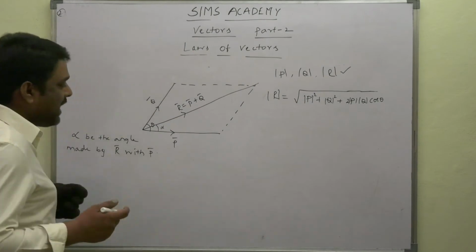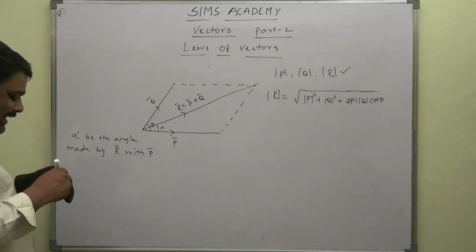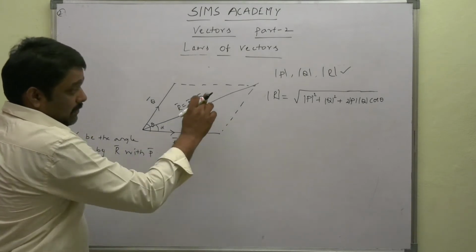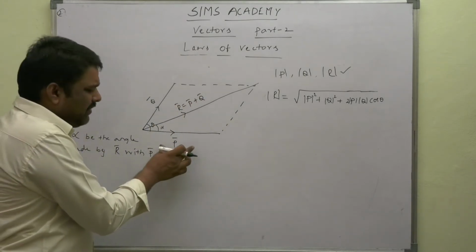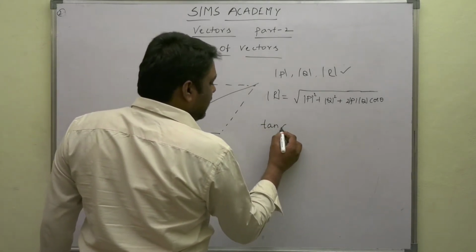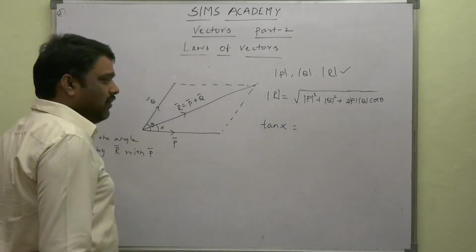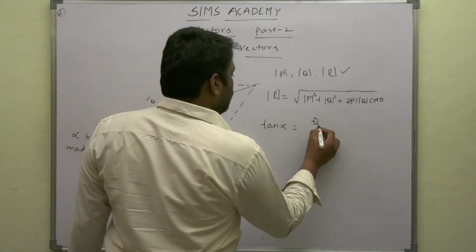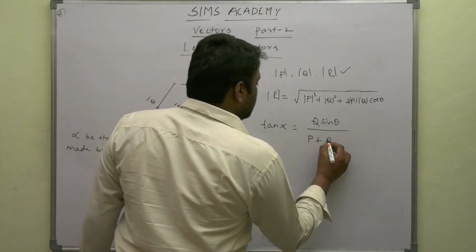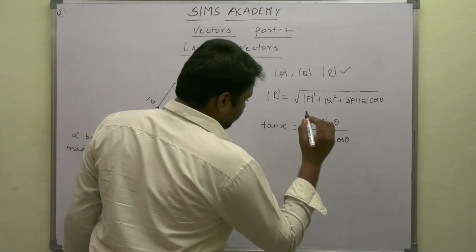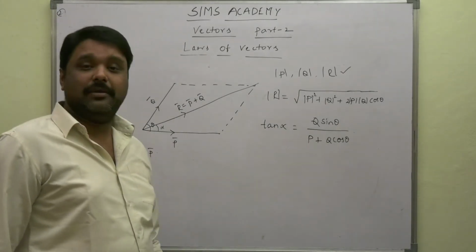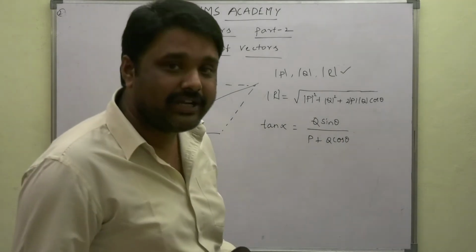If the resultant makes an angle alpha with P bar, then the resultant direction is given by tan alpha equals Q sine theta by P plus Q cos theta.